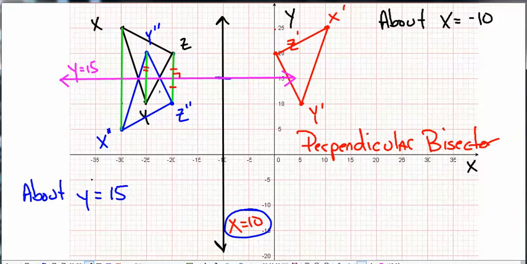This little piece is congruent to this piece, and these two intersect at 90. And this is congruent to this, and they intersect at 90. So a segment connecting corresponding points, its relationship with the axis of symmetry is that it's a perpendicular bisector. Okay? Can you remember that? Good. Try to remember that because it's a question in your assignment today.